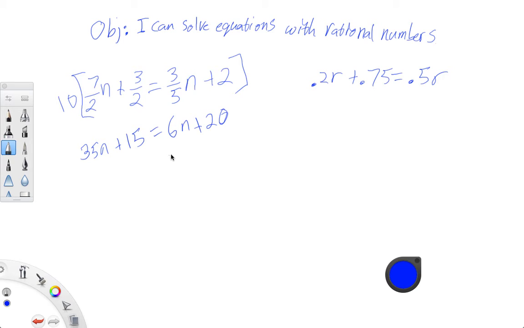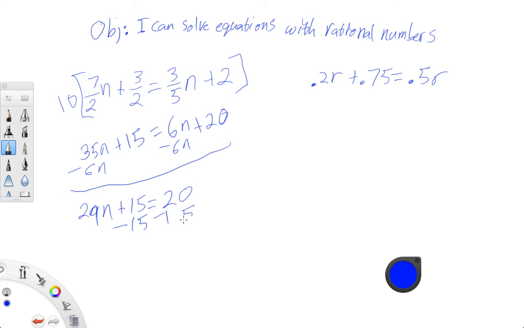all of you have been practicing. Minus my 6n from both sides. That gives me a diagonal line. 35 minus 6 gives me 29, 29n plus 15 equals my 6n and my negative 6n cancel out, so I have a 20 minus 15 from both sides, and I have 29n equals 20 minus 15 is 5.